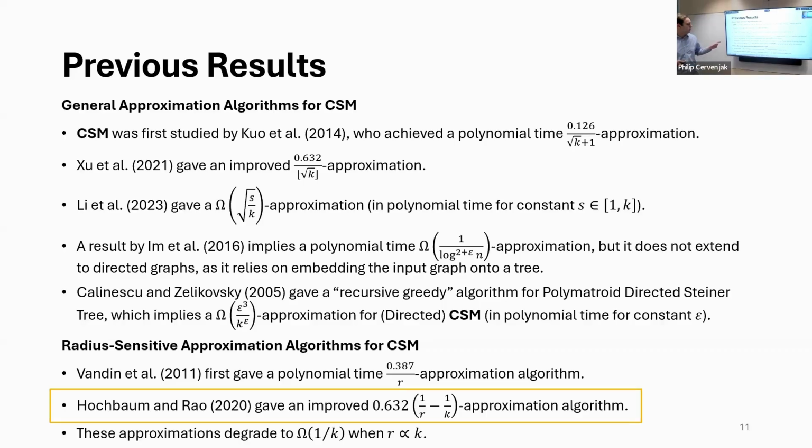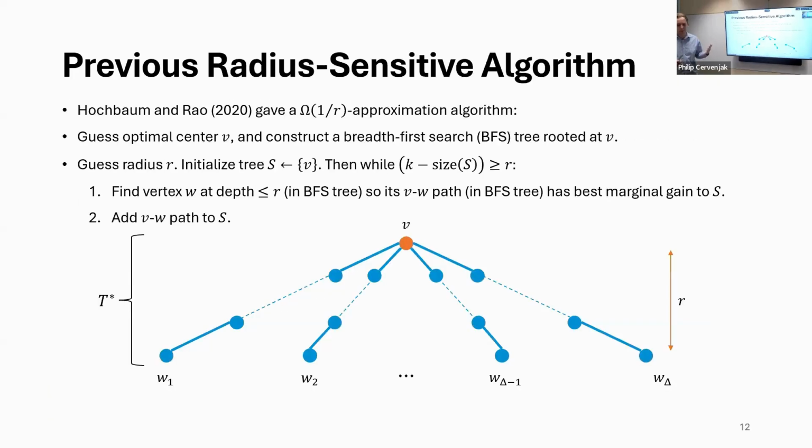So we'll just look at this algorithm briefly and explain why it gives that 1/r approximation. The basic idea of the algorithm is to guess the optimal center, and then we construct a BFS tree rooted at that center, so that we obtain all the shortest paths from V to all the other vertices. And then we just guess the radius of the optimal tree.